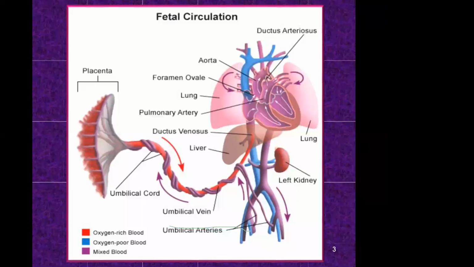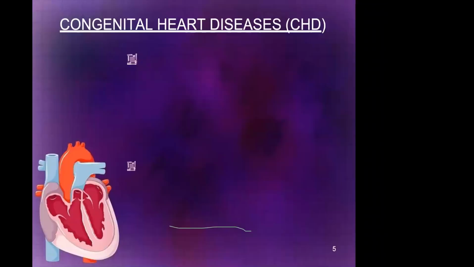So these are very interesting things, and cardiac anomalies can occur due to defects in the structure of the lung, heart, and vessels, which are present at birth. These lesions either obstruct the blood flow in the heart or vessels near it, or even alter the pathway of blood circulating through the heart.